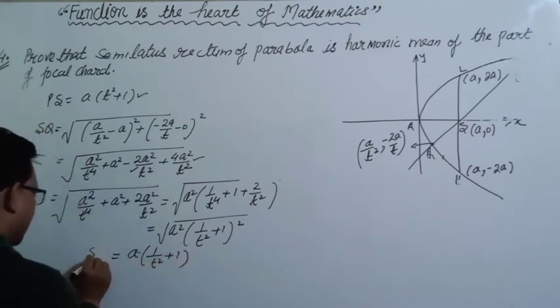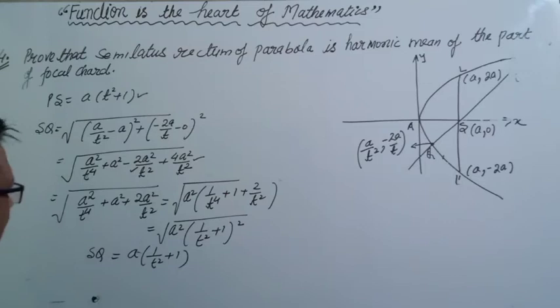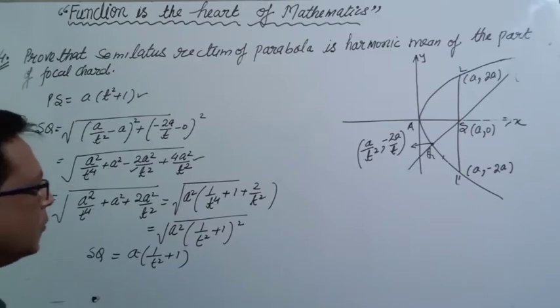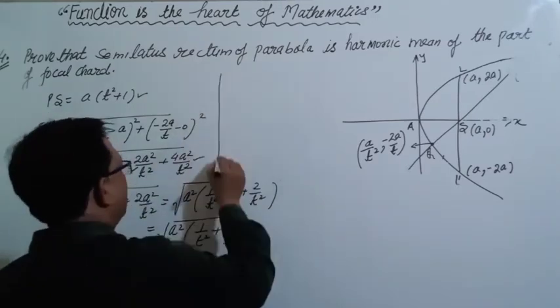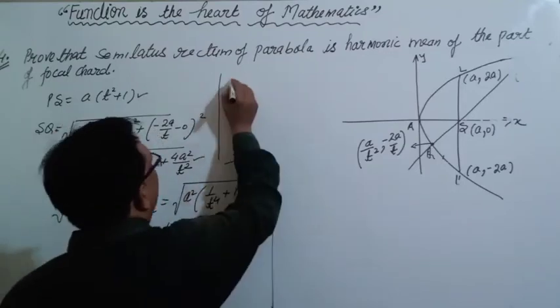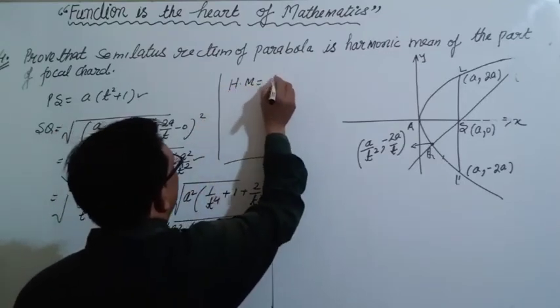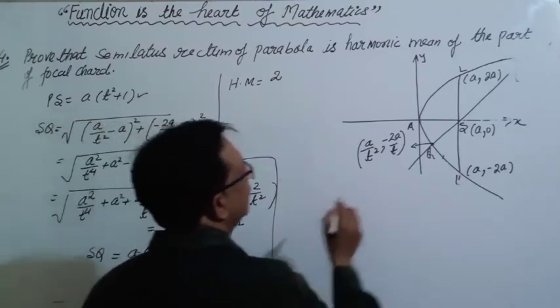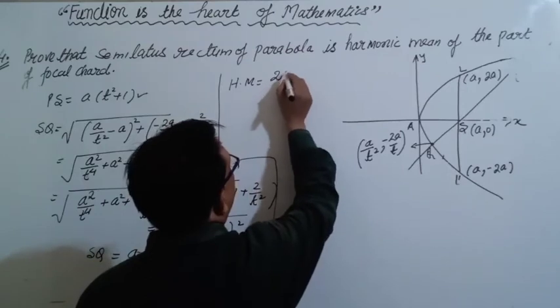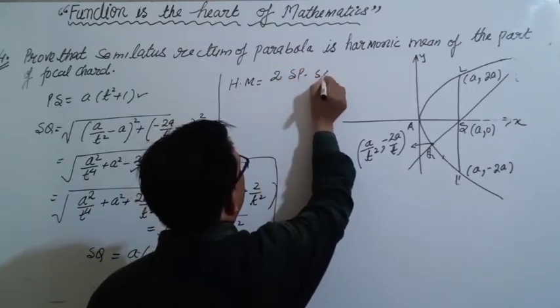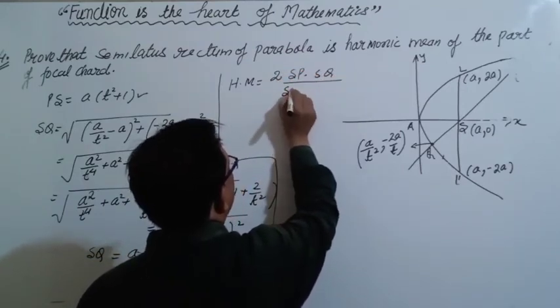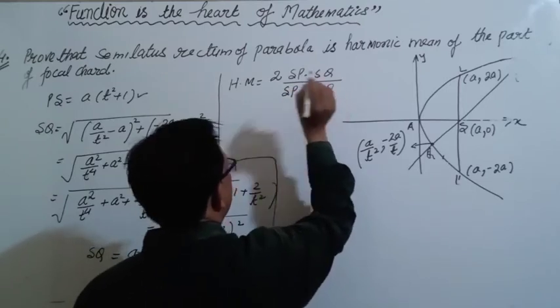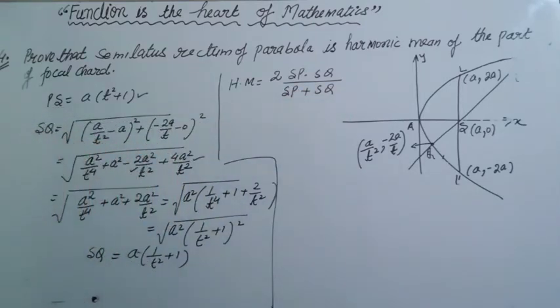this is your SQ. Now we find the harmonic mean, and let us see what the value of the harmonic mean is. So harmonic mean is 2 SP into SQ upon SP plus SQ. This is your harmonic mean.